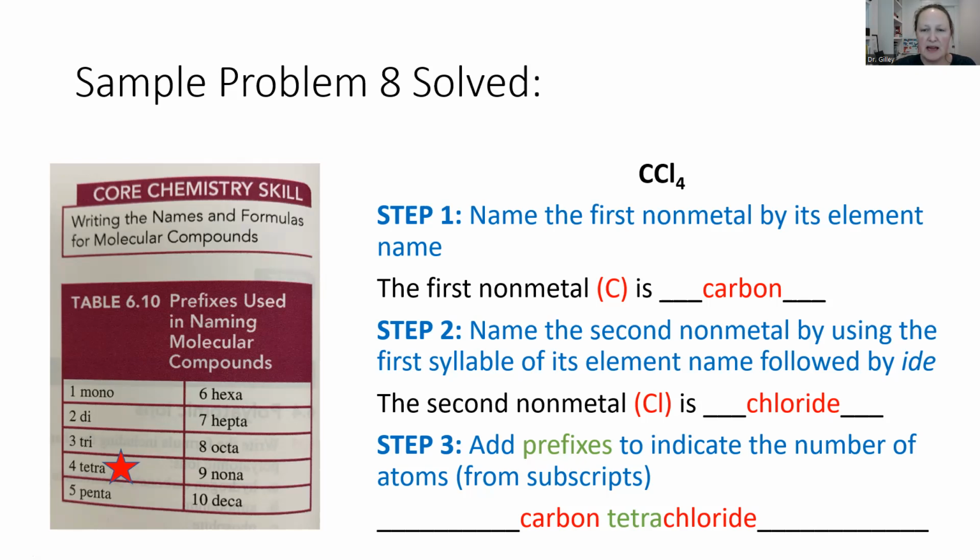And then in molecular compounds, we need to add prefixes to indicate the number of atoms. Remember that if there's one of something, we often omit the mono. So this is not monocarbon, this is just carbon because we don't need to write mono except in the case of carbon monoxide. So it just becomes carbon, and then since there's 4 chlorides, we call that tetrachloride.